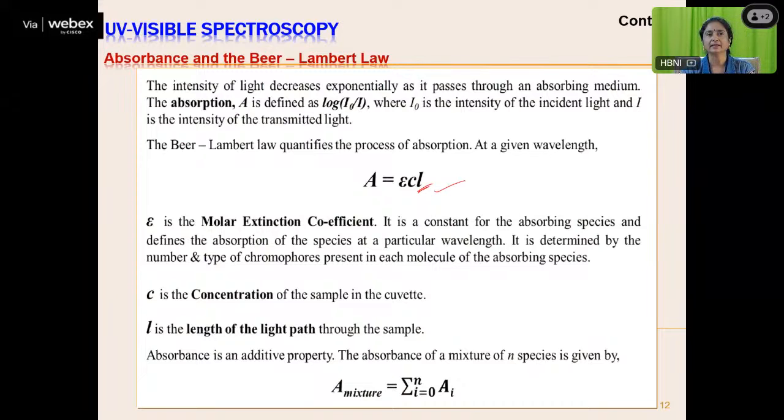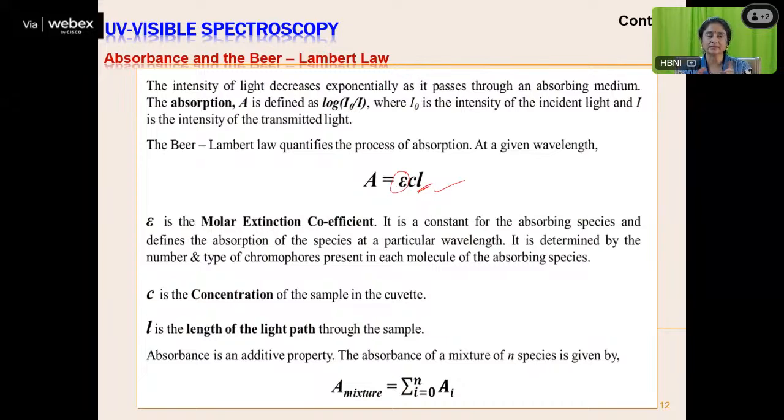So it is determined by the number and type of chromophores present in the molecule of the absorbing species. So this epsilon is constant for a particular system, but for a different system it will be different. So C is the concentration, L is the length of the light path through the sample. In case of this UV visible spectrophotometer, you must remember that there is a cuvette in which you are taking your sample.